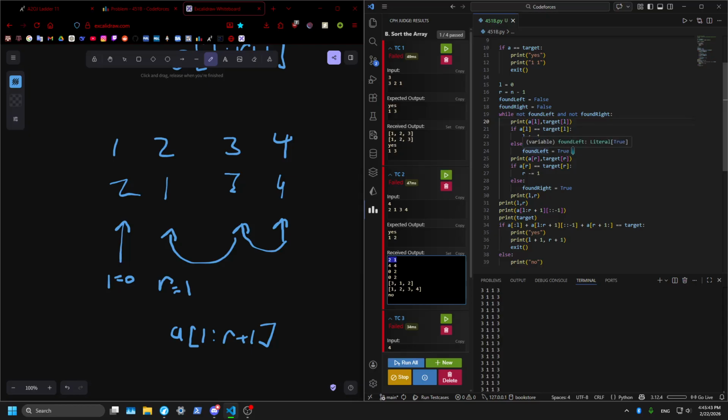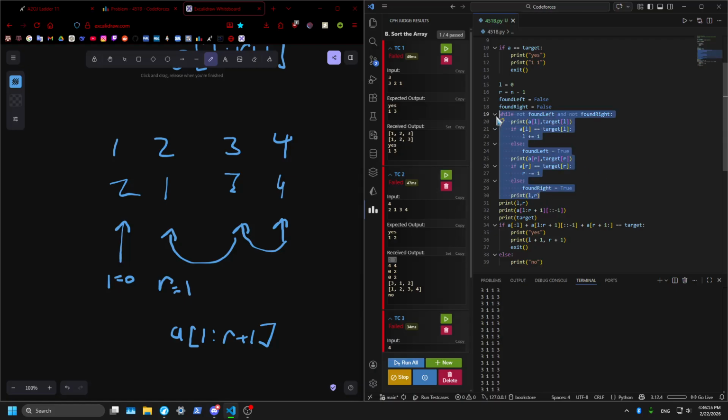They're different, so found left equals true. Why am I making this so complicated?